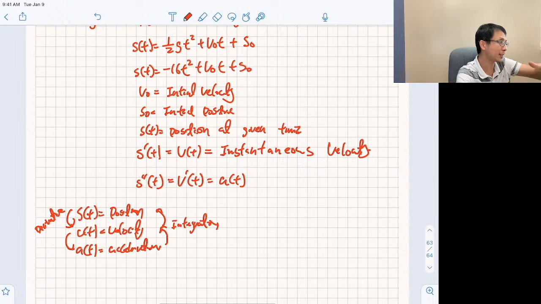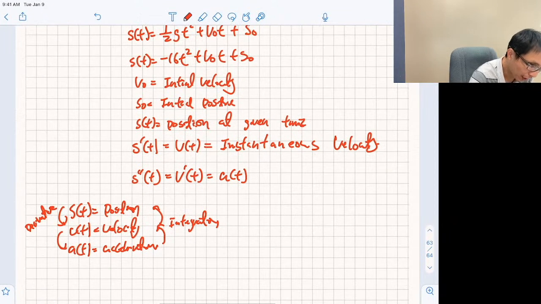We haven't talked about integrals yet because some students haven't been exposed to that yet. So we're not going to talk about integration yet. We just talk about derivatives. Every time I take a derivative, I go from position to velocity, velocity to acceleration.